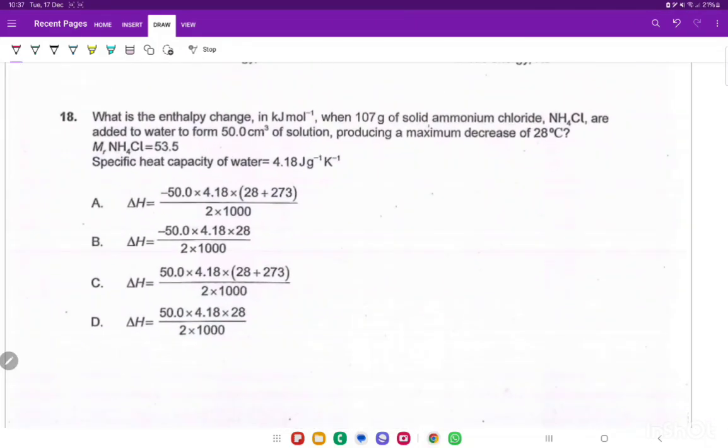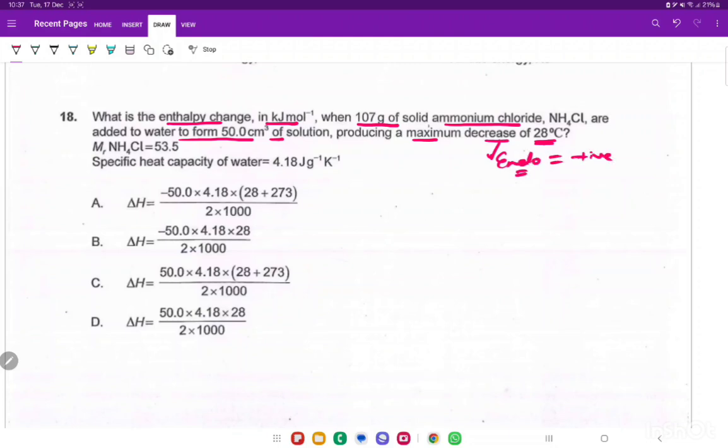Question 18 is asking what is the enthalpy change in kilojoule per mole when 107 gram of ammonium chloride, NH4Cl, is added to water to form 50 centimeter cube of solution, producing a maximum decrease of 28 degrees Celsius. Temperature is decreasing, which means it is an endothermic reaction. My delta H should be positive.